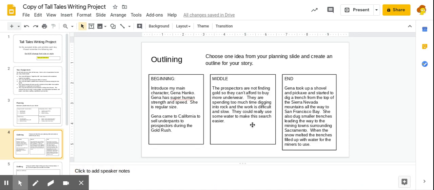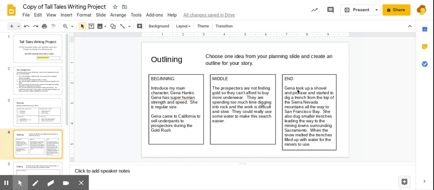And then we're going to think of something amazing our character can do to solve the problem. So my character basically dug a bunch of rivers super quickly because she's super fast and super strong, and allowed water to get to the prospectors so they could use that to search for gold.